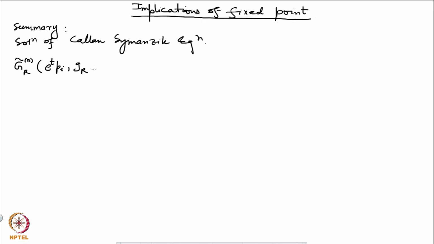I am writing G_R instead of lambda phi^4 because I am not saying anything specific to phi^4 theory. So just to be very clear about that, I have changed the notation slightly.